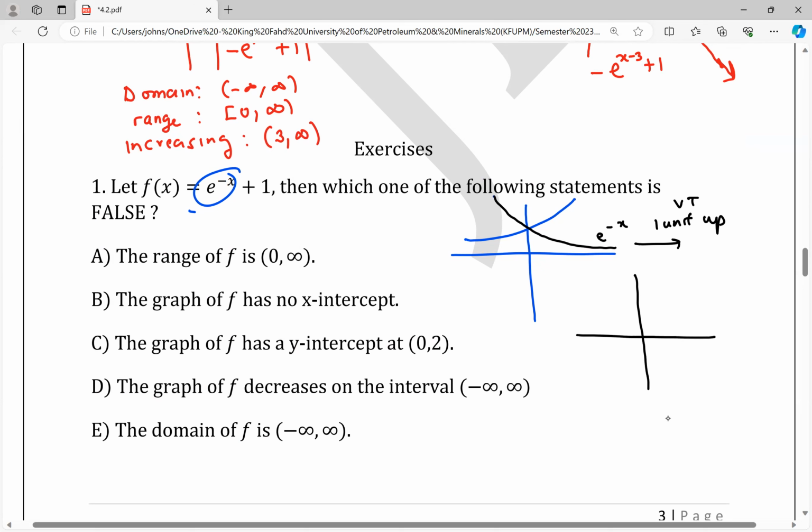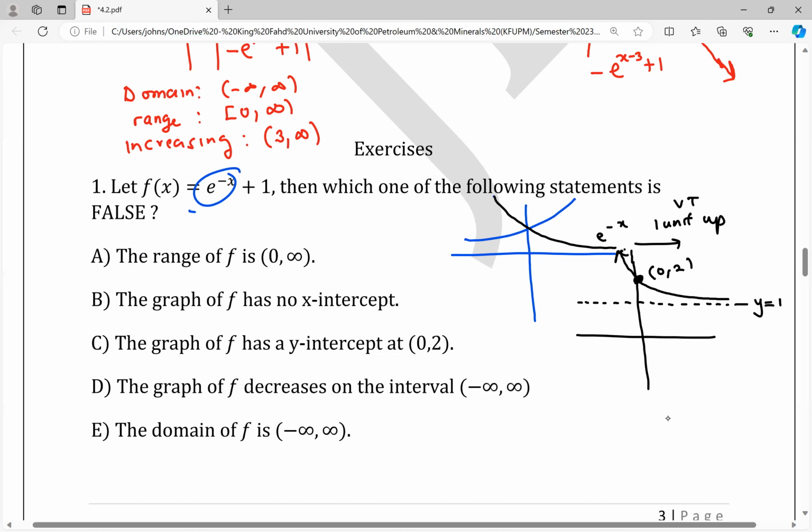Just take this point. This point is 0, 1. So it will just be this point here. So it will cut at this point. But now our horizontal asymptote is going to be the line y equals 1. But which point is this? This point now is the point 0 and 2.